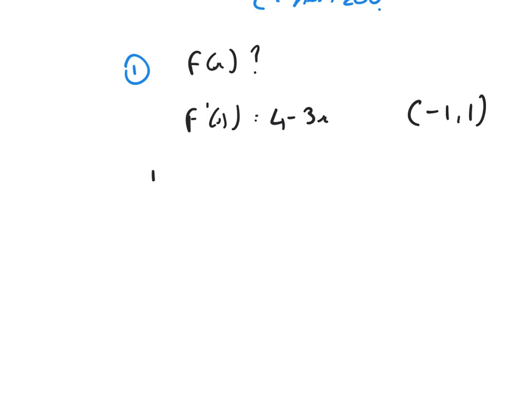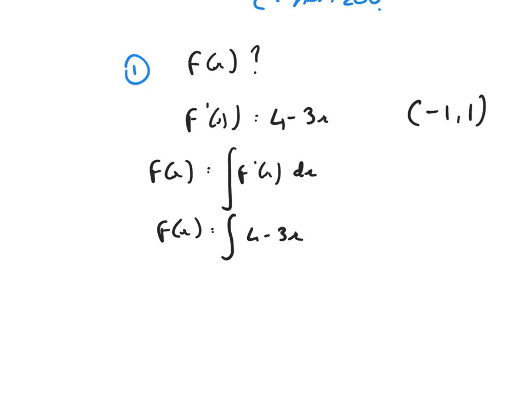Okay, so to get f of x, I'll need to integrate f dashed x. Okay, so that is then the integral of 4 minus 3x. Okay, so integrating f dashed x will give me the original function f of x.